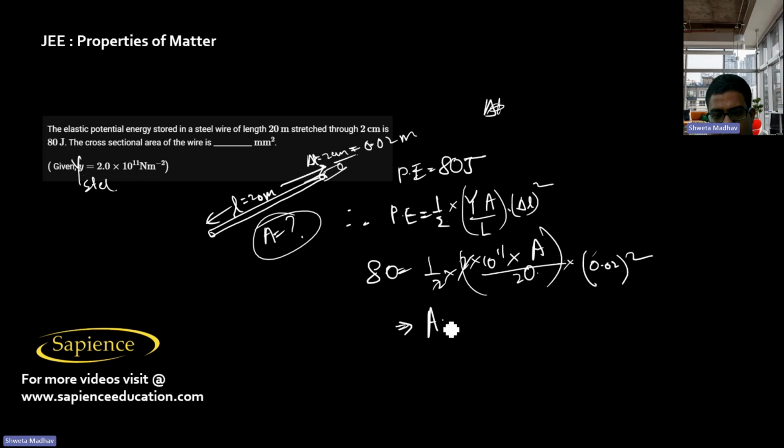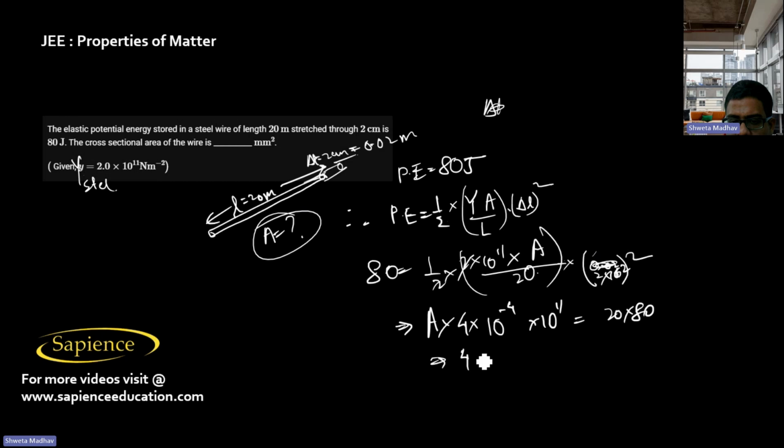Then I can say that A into this, I can write 2 into 10 power minus 2 is 4, 4 into 10 power minus 4, into 10 power 11, that is equal to 20 into 80.